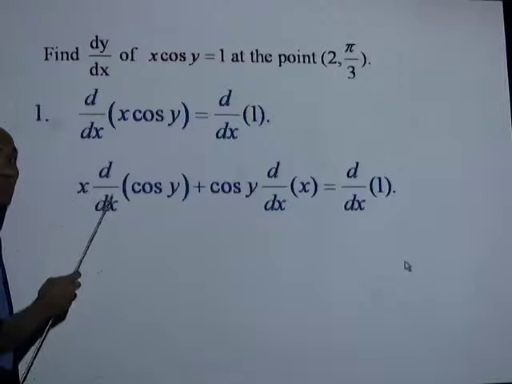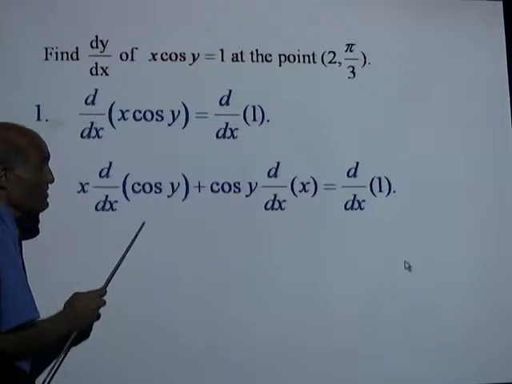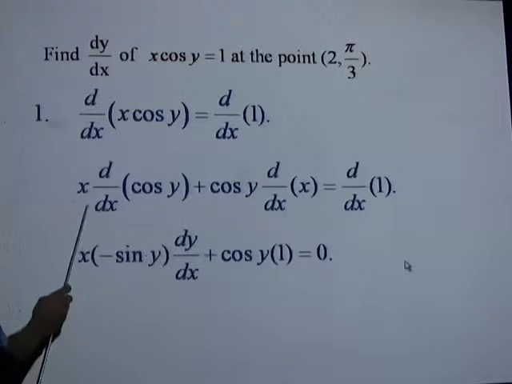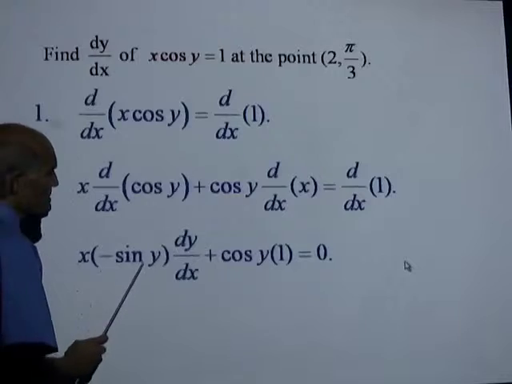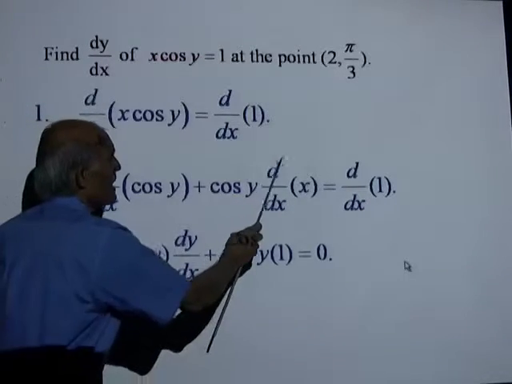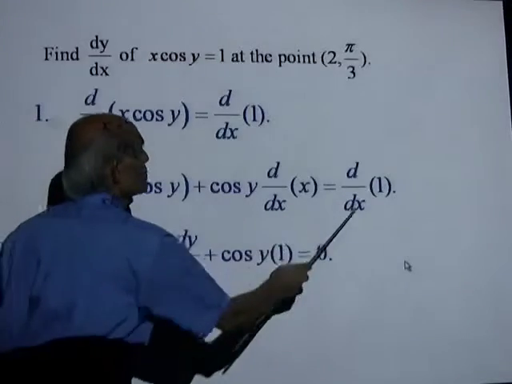Alright, tell me what is this? d by dx of cos y is negative sine y dy by dx. There you go. So x times negative sine y dy by dx plus cos y times the derivative of x with respect to x, which is 1, equal to 0.